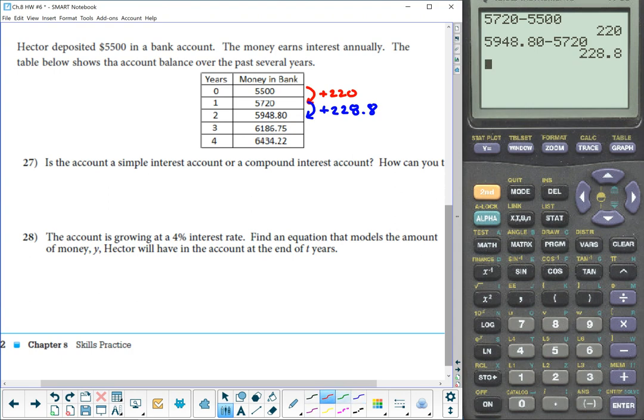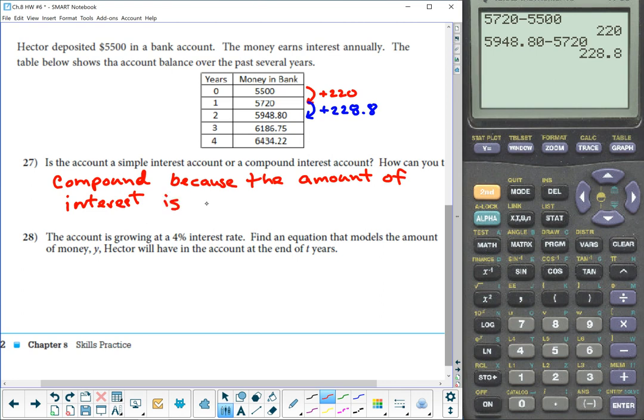So this one is going to be compound interest, because the amount of interest being added is more and more each year.